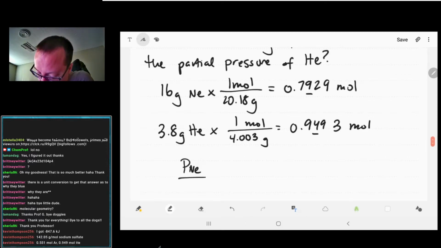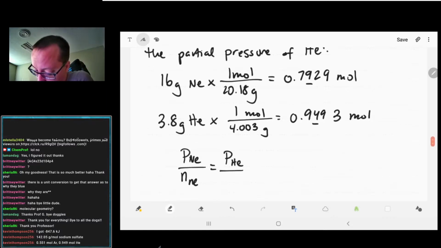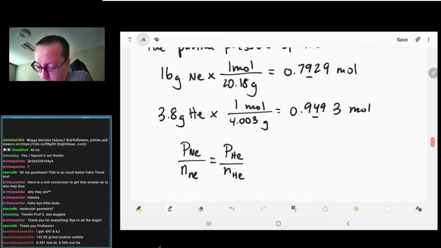The pressure of neon is related to the moles of neon, and at these conditions we should have the same ratios, because the volume, temperature, and R are all the same. So let me make this a capital N down here.